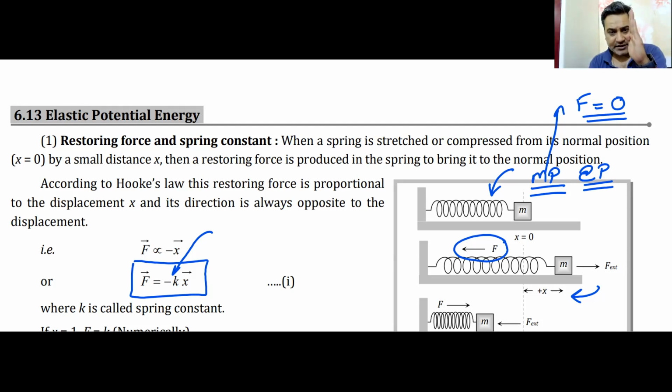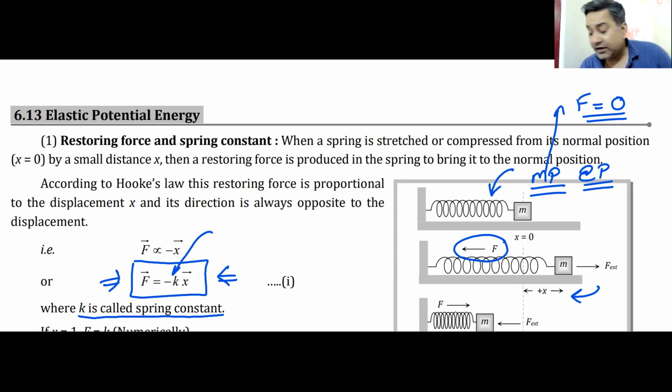Now from this state, if I extend the spring, it will try to pull it back. If I compress the spring, it will try to push the block back. The force applied by the spring will be minus kx, minus indicating that it is opposite to the direction of displacement. Do we understand this? This k is a constant which is known as the spring constant. We know this, yes or no?